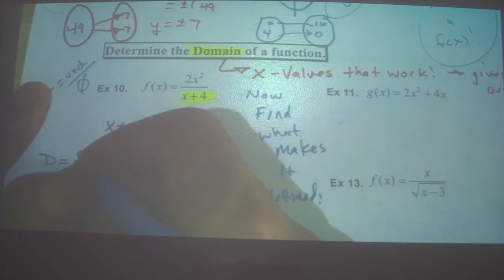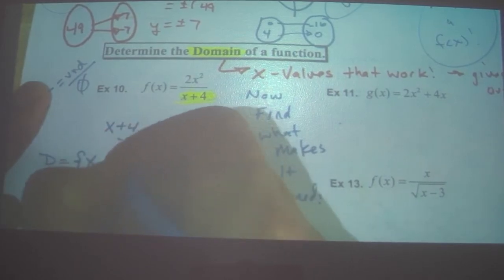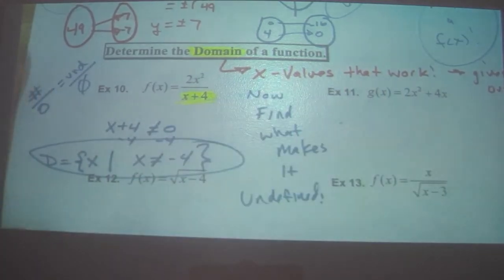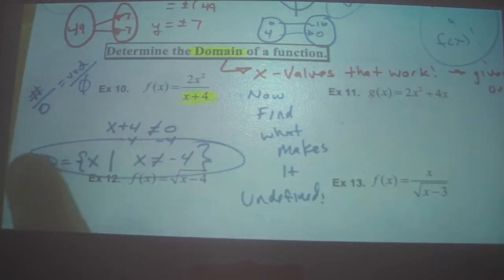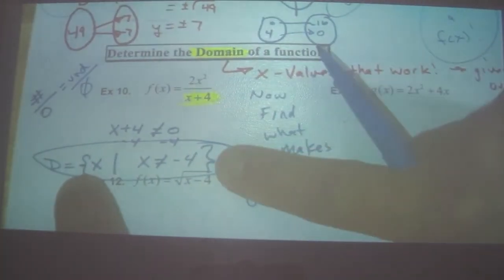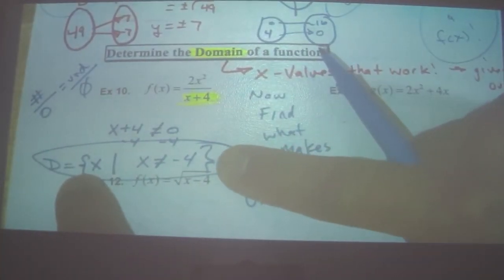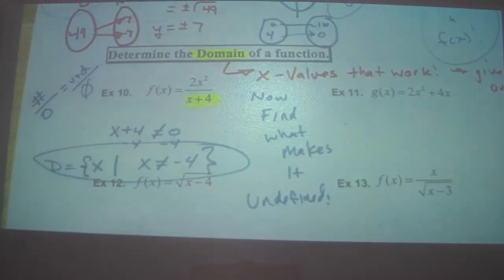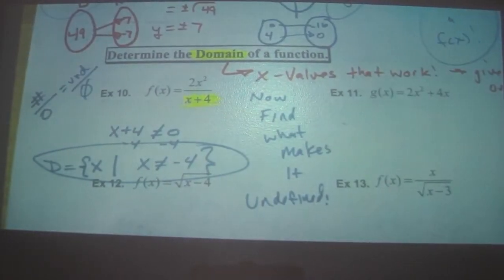So D equals the set of all real numbers such that x cannot be negative 4 is how you read that. So D is domain equals, these are brackets for the set, fancy brackets. X bar just means all real numbers. So domain is the set of all real numbers except for negative 4.